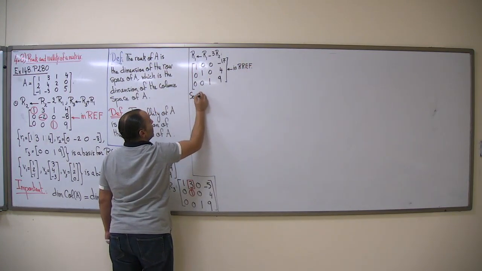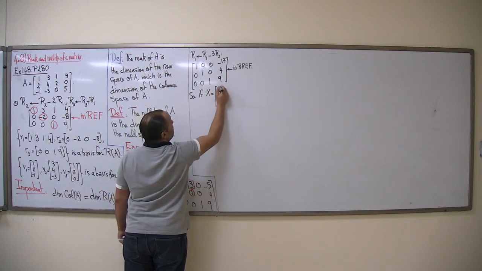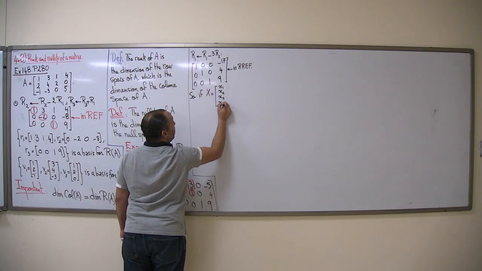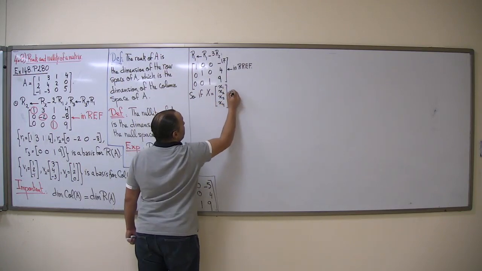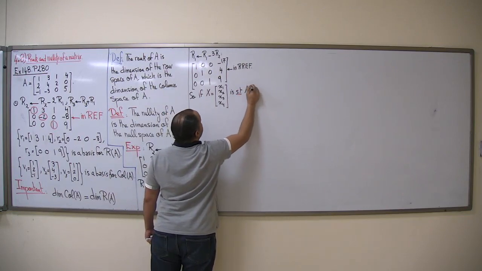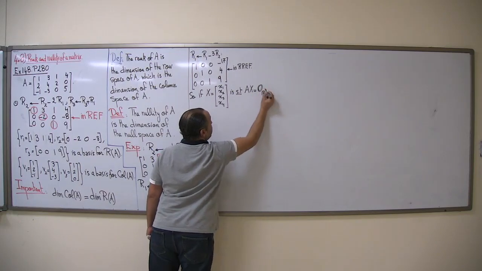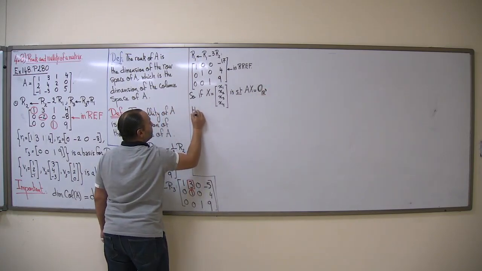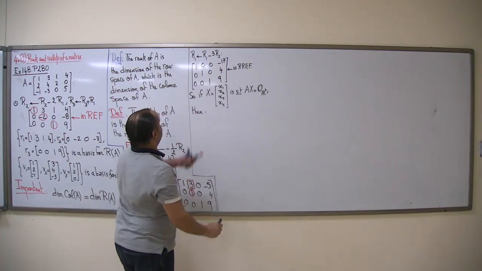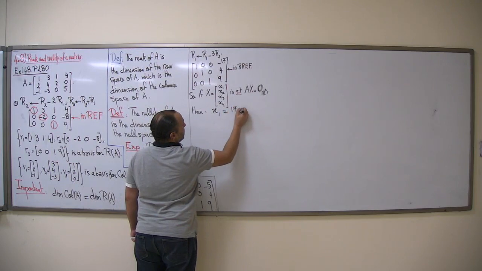So if capital X, equal to x1, x2, x3, x4, is such that AX is equal to the zero vector of R3, then the first row gives me that x1 is equal to 17 x4.